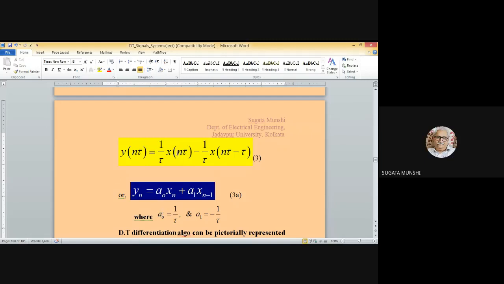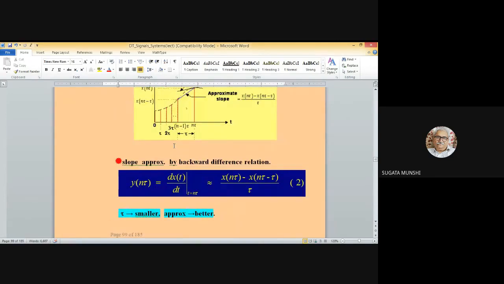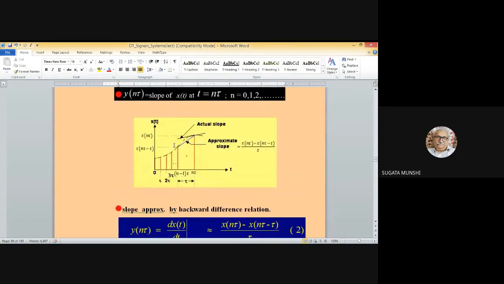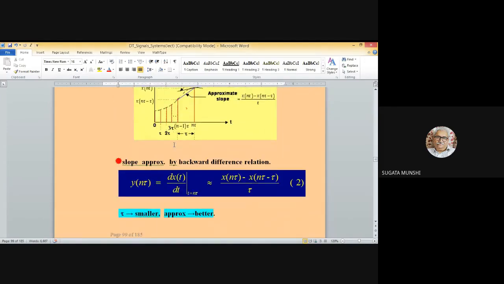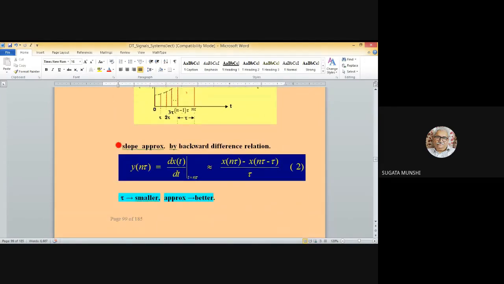Okay. So we have started deliberating on discrete time systems. The first type of discrete time system that I have started with is the discrete time differentiator. And we approximated the derivative by what is known as the backward difference relation given by this equation 2.